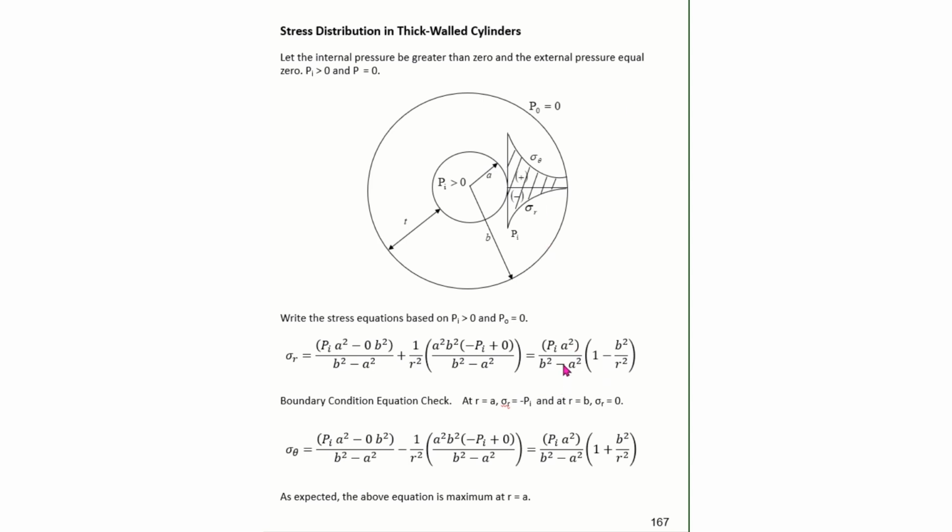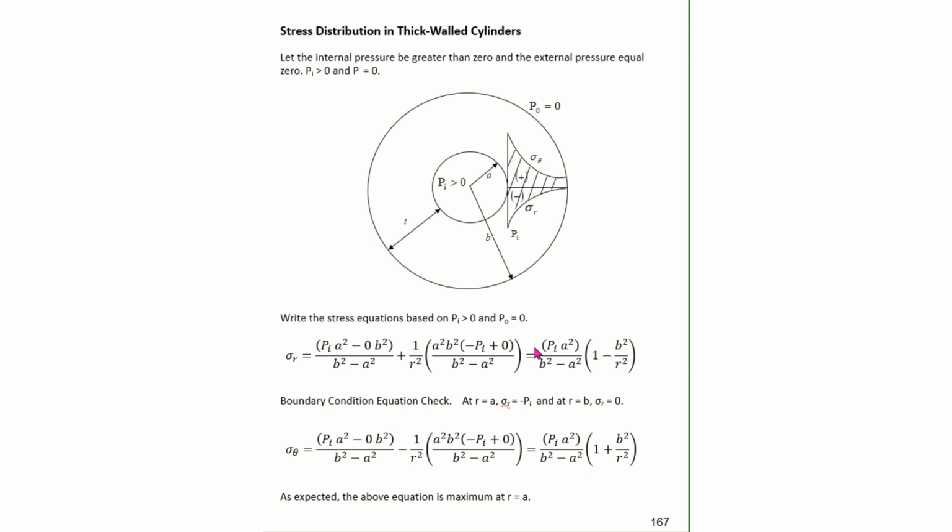And this reduces to negative PI because I'd get a common denominator and write this 1 as A squared over A squared. Then this A squared minus B squared would cancel with this B squared minus A squared and give me a minus sign. I'd be left with an A squared in the denominator that would cancel with this A squared, and it would leave me with a negative PI.